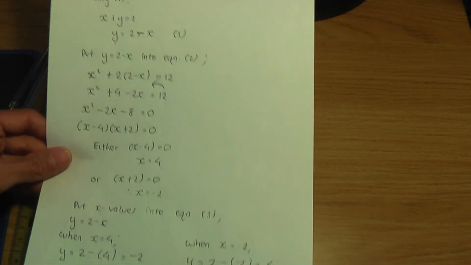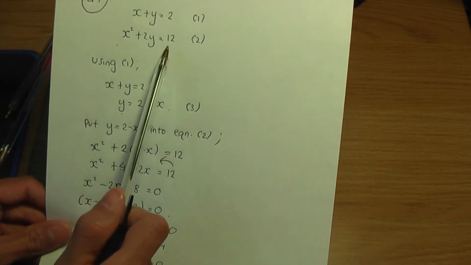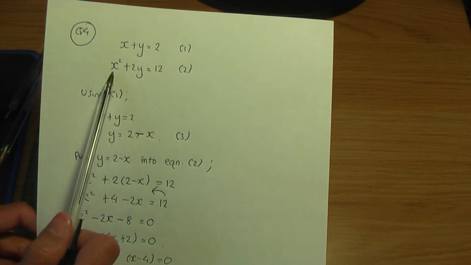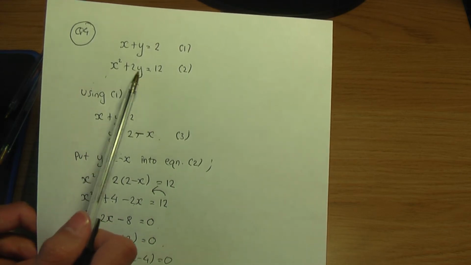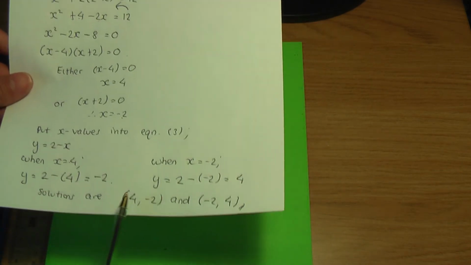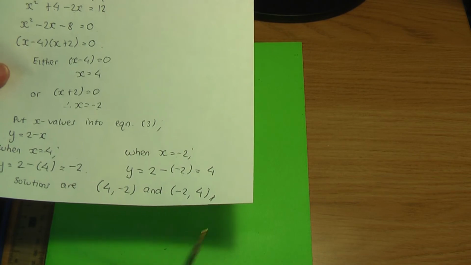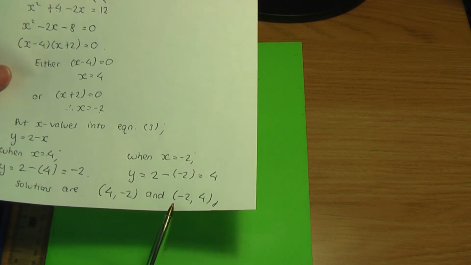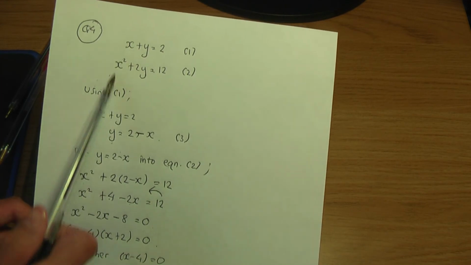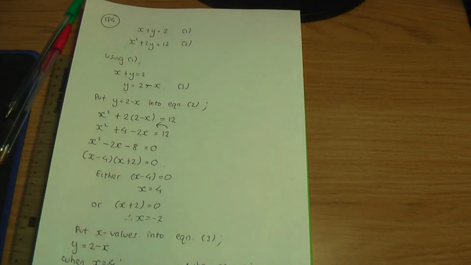If I put the x and y values into equation 2 also, just to be safe, 4 squared is 16, 16 plus 2 times minus 2 is 12. So the first solution I'm happy with, and do the same for the second solution, for when x equals minus 2, y equals 4. If you plug them into the equations concerned, if the left equals the right, you can be happy with your answers.